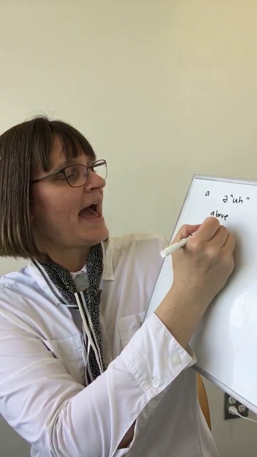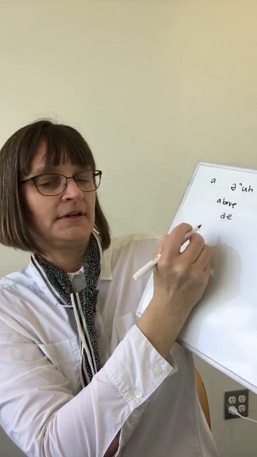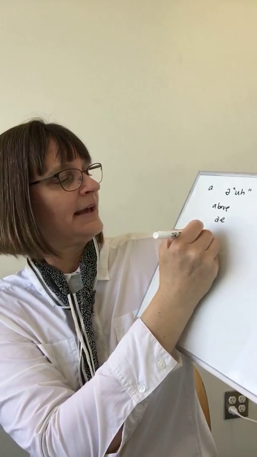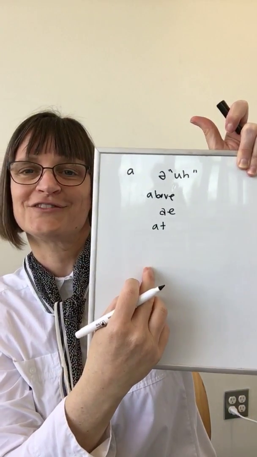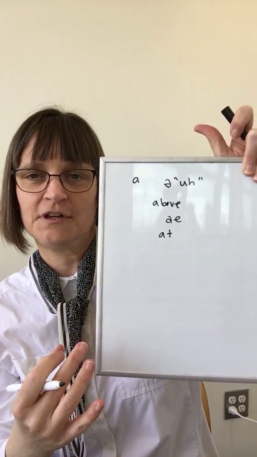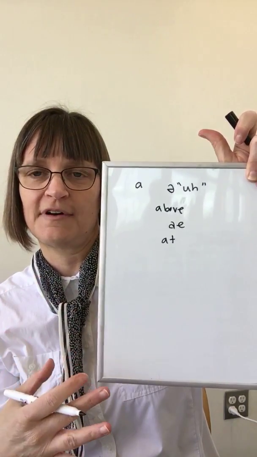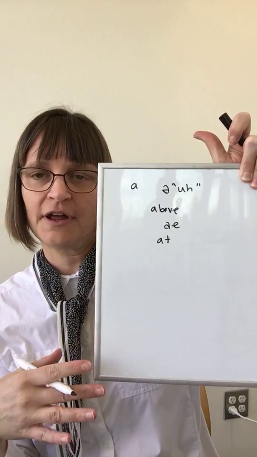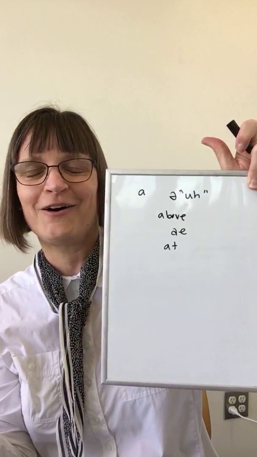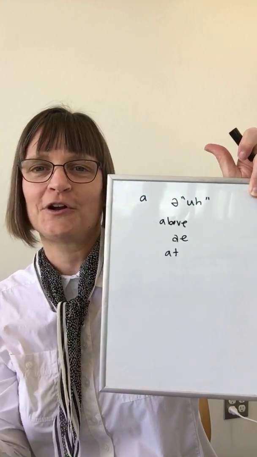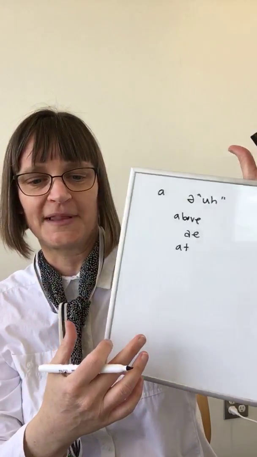It can be the sound like in "at." And it can be many other sounds. I do have some recent videos, some recent live classes where we talked about vowel sounds and spelling for letter A, for letter O, for some of the other sounds. Those might be useful for you in thinking about how you need to learn the sound in the word rather than relying on spelling to help you.